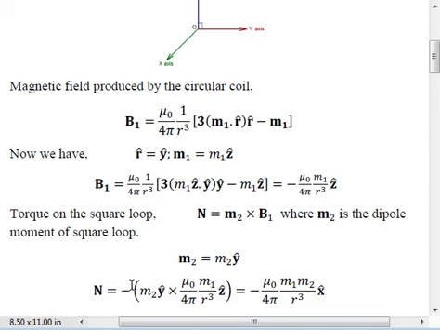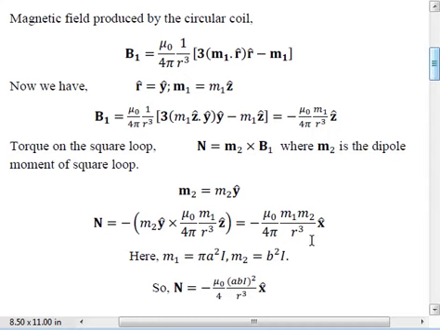B1 has a negative sign, so the negative is taken out: m2 y cap cross minus mu 0 by 4 pi m1 by r cube into z cap. So that is y cap cross z cap. Y cap cross z cap is x cap. So that becomes minus mu 0 by 4 pi m1 m2 by r cube into x cap. So this is the torque experienced by the square loop.